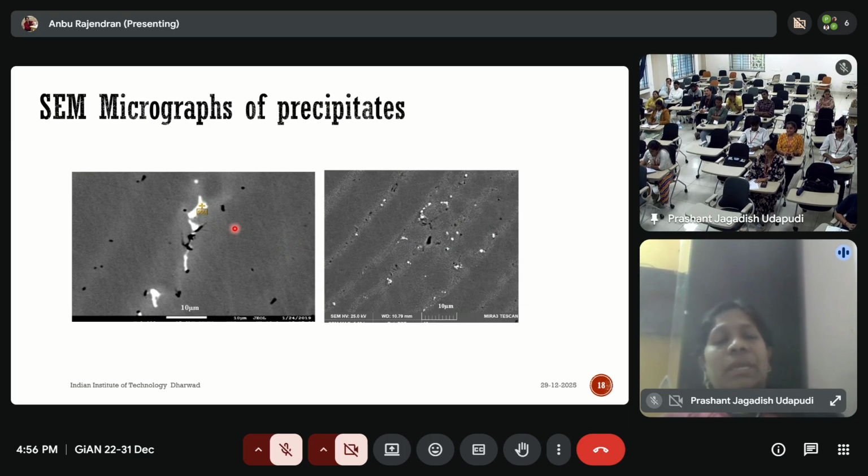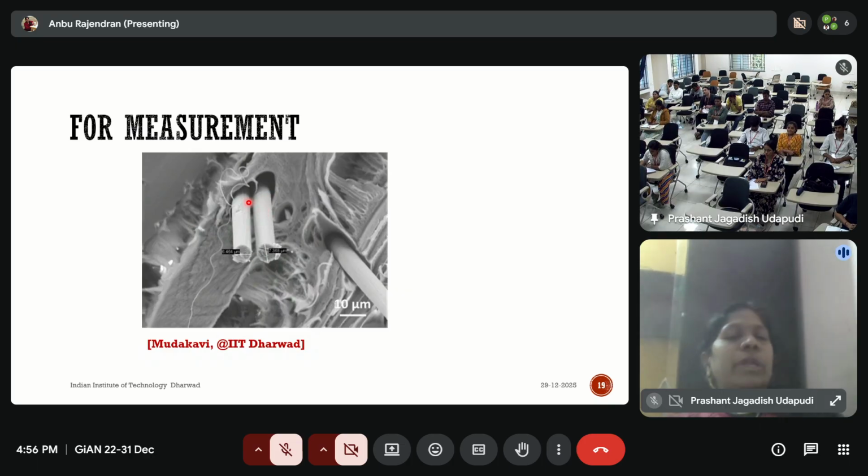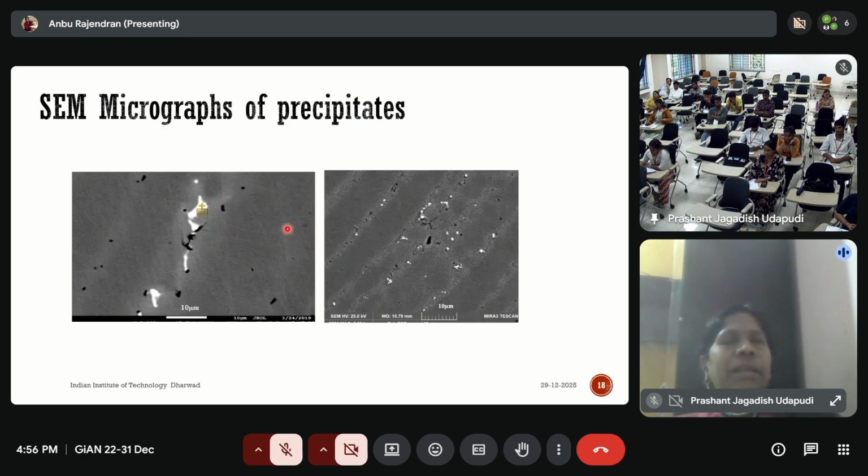If you are just looking at a feature, you can go for the secondary electron mode. So either secondary electron mode or backscatter electron mode will serve the purpose of taking the images.